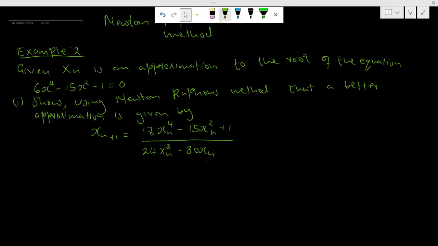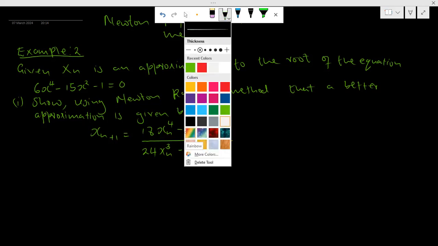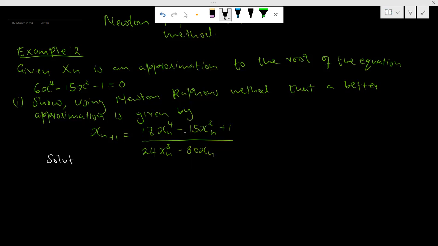Now, what we are required to do in the solution, we need first to state the Newton-Raphson method. What does it state?